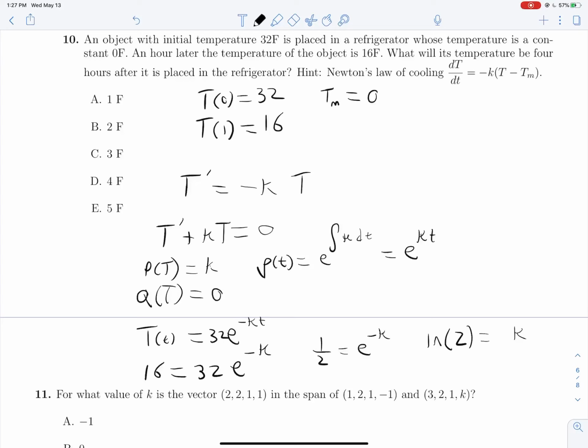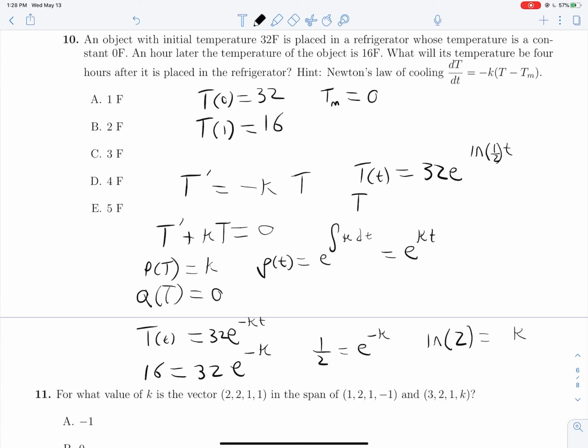So now substituting that back into our equation, we see that T of little t, temperature as a function of time, is 32 e to the negative ln 2 times t. And we can apply that same process, get rid of that negative and turn this into a 1/2, taking the reciprocal of whatever was in that natural log. Okay, great. We are looking for the temperature of this object 4 hours after being placed in the refrigerator.